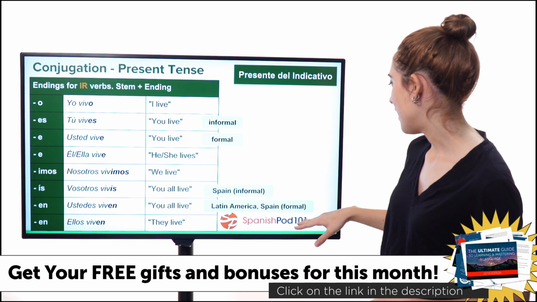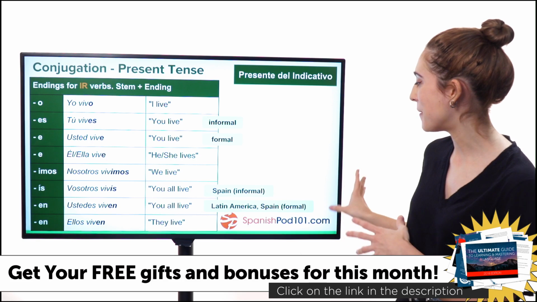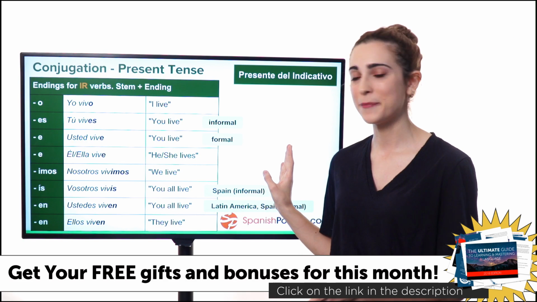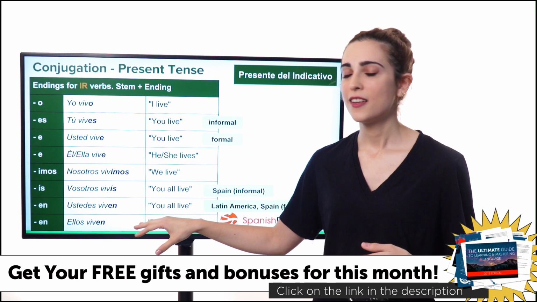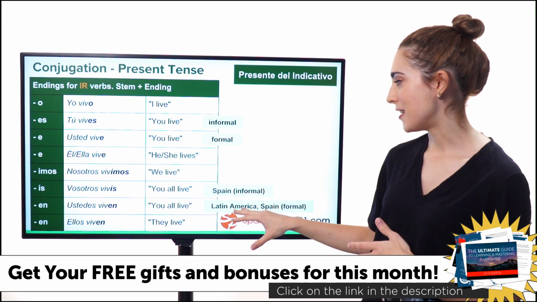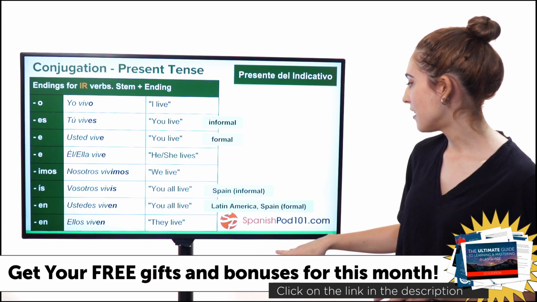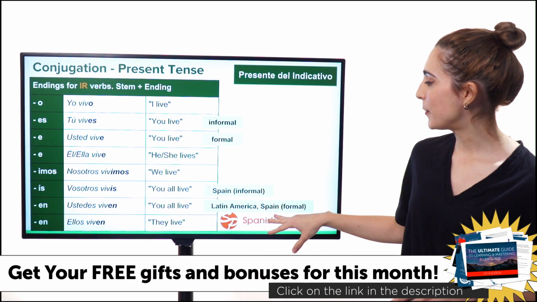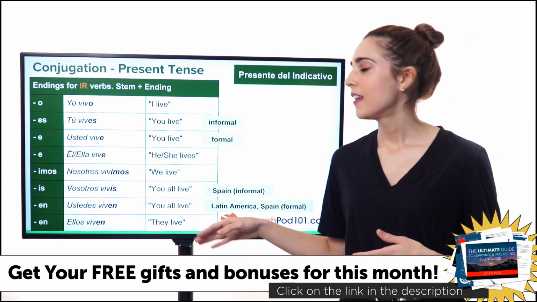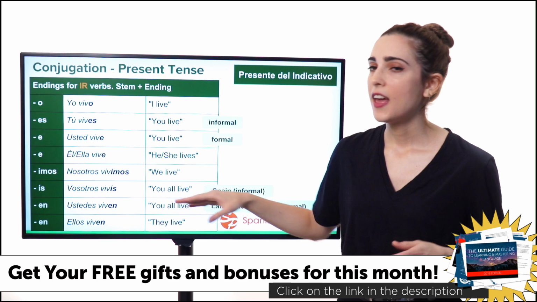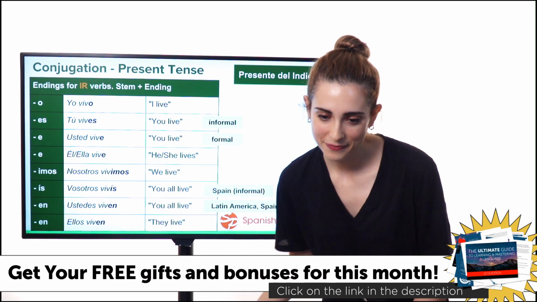And then, as before, for the formal version in Spanish, but both formal and informal in Latin America, ustedes, we add en. Ustedes viven. And lastly, the third person of the plural, they, ellos or ellas, we add en. Ellos viven. Ellas viven.